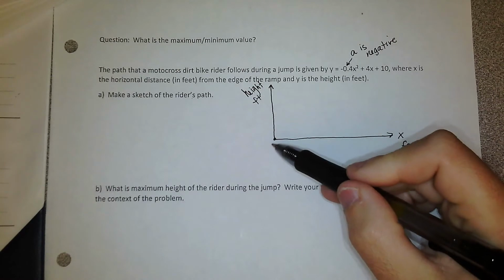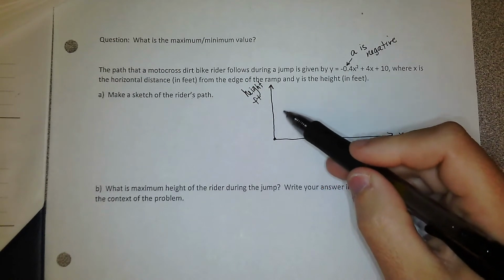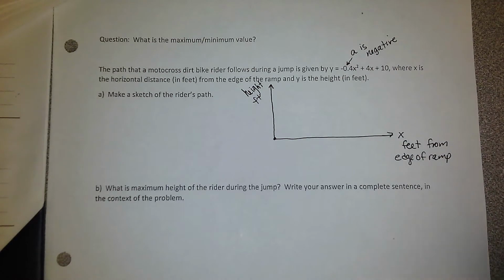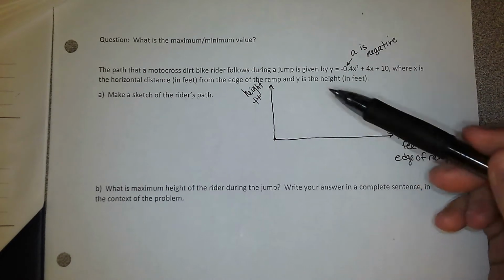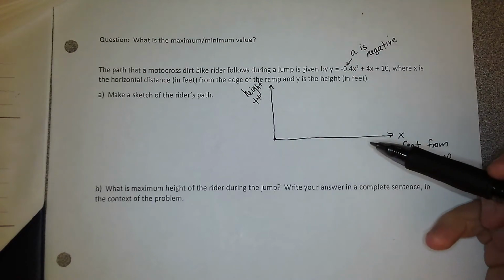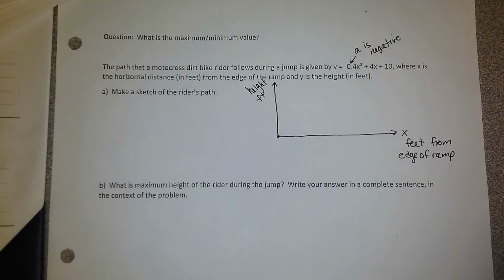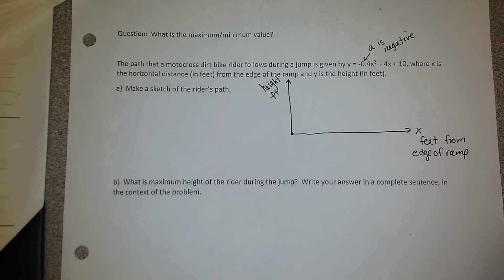I'm pretty sure he's jumping, so he's going to go up and down like the dolphin. The second thing we need to do is figure out how high he's going, and how long of a distance in feet he is from the edge of the ramp. When we're making a sketch, we need to know these things in order to sketch it.